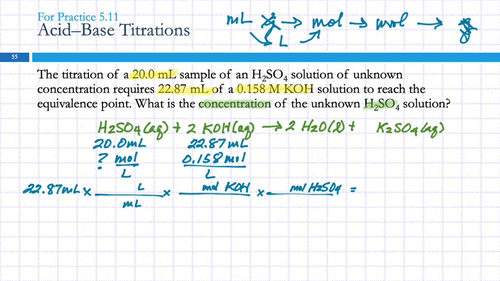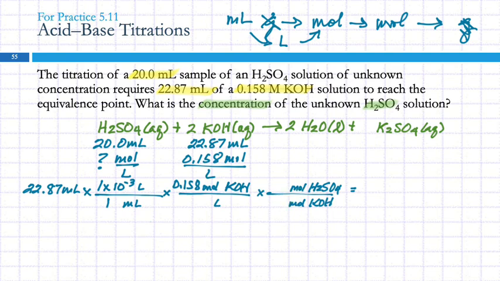So liters and moles of KOH. Milli means times 10 to the negative 3. Moles of KOH per liter. That's this guy right here. 0.158 moles per liter.